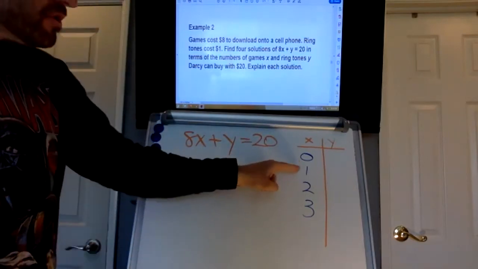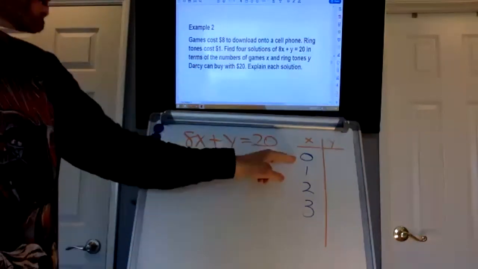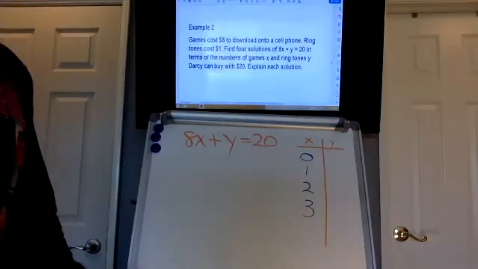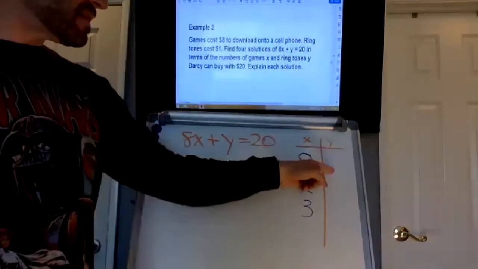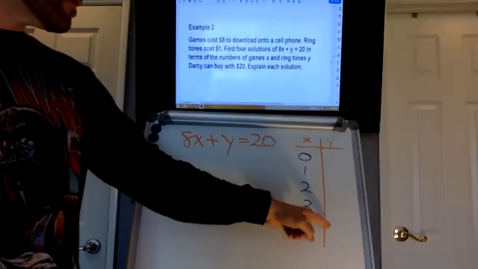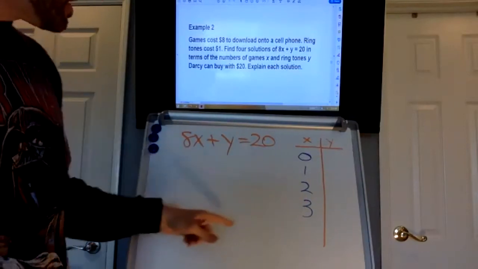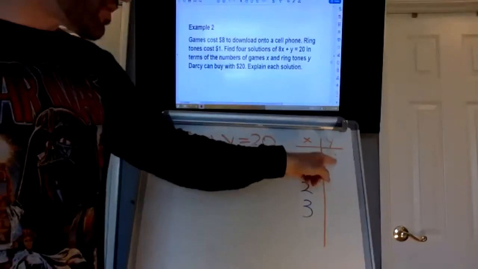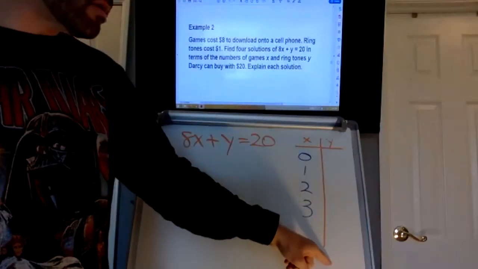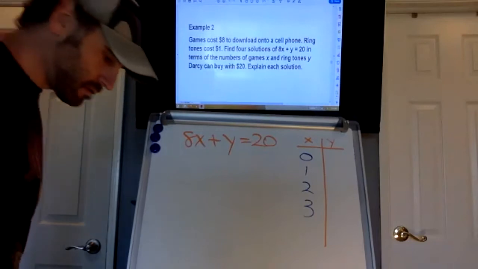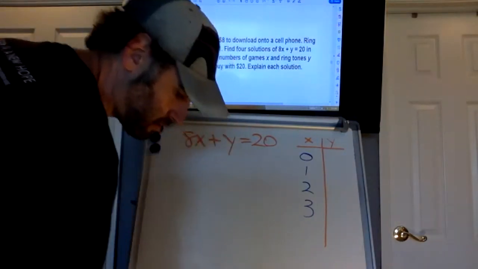Notice I go in order, I don't skip, I don't go 0, 1, then 3. The reason I do that is because it allows me to see the slope working. As x changes by the same amount, because this is linear, the y is going to change by the same amount.